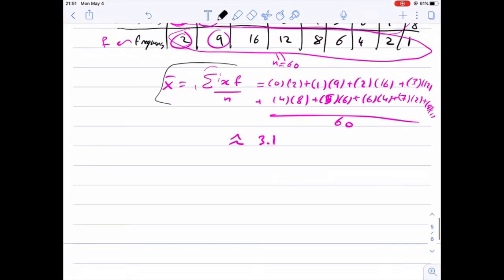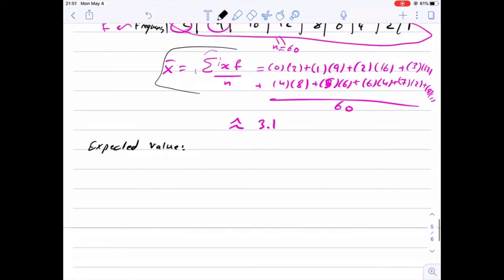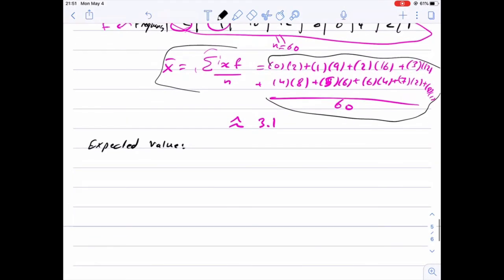This average also serves as the expected value. So for the same problem, we can write the answer in this form. We can write it as 0, which is X, times 2 out of 60, plus 1 times 9 over 60.